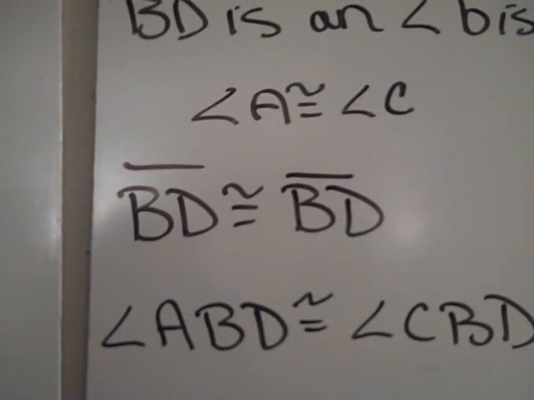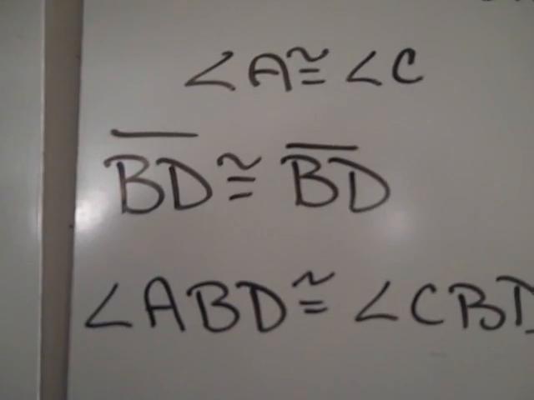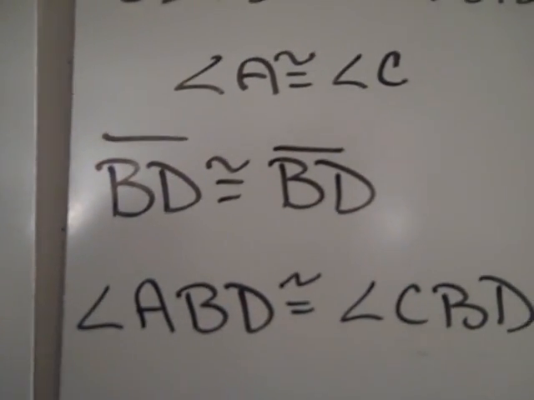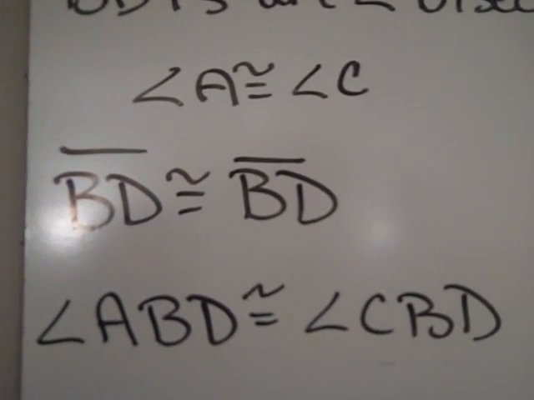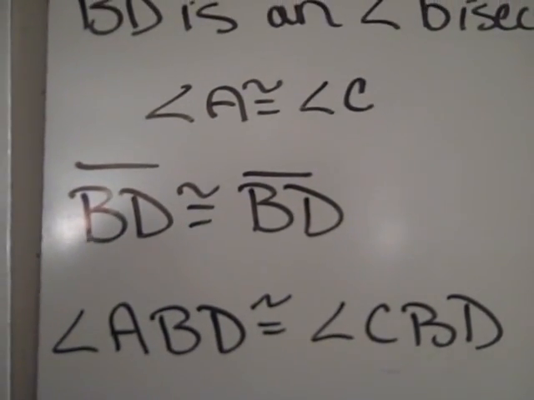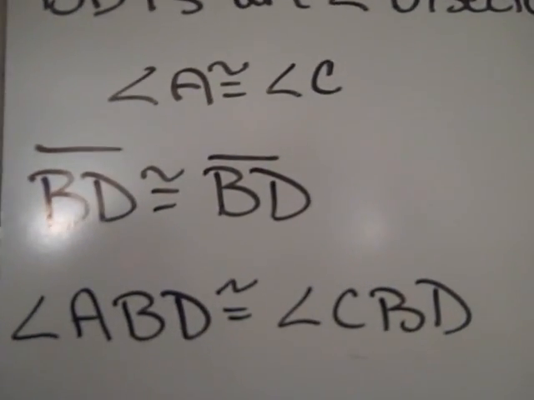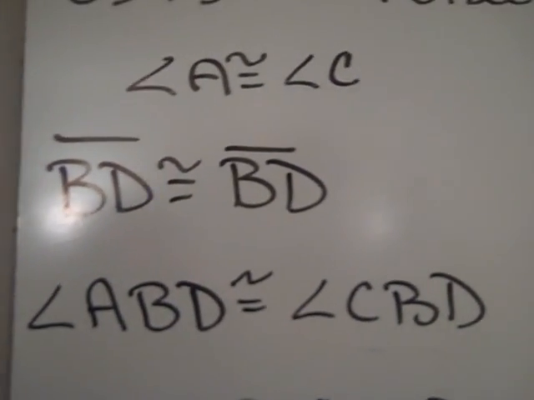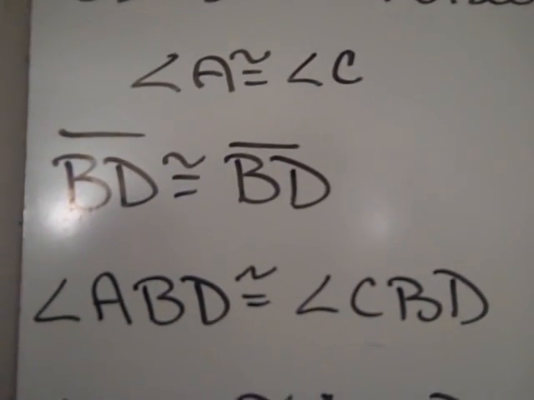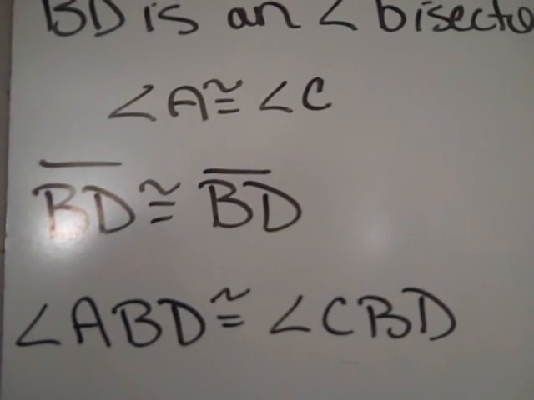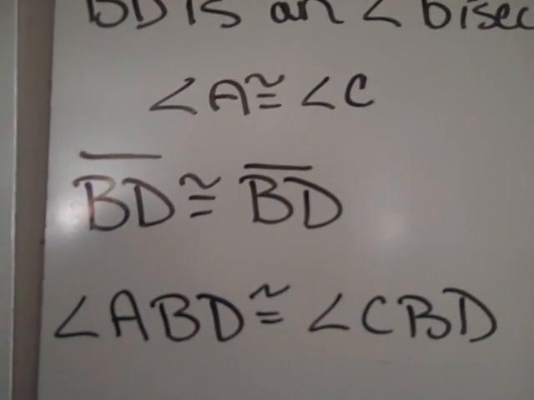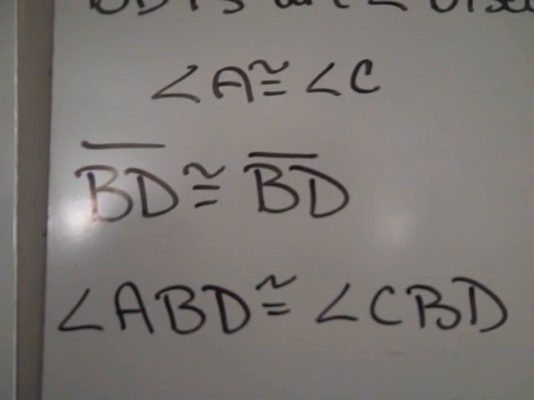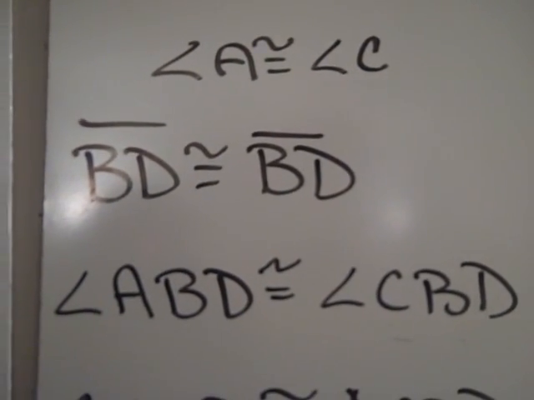Being that we have two pairs of angles, that means we automatically can't use side, side, side. And we automatically can't use side, angle, side because we don't have enough sides. So that means our options are either angle, side, angle, or angle, angle, side. The easy way to identify this is by looking at the angles that were given to us. On the left-hand side, you see that one of our angles is angle A, and the other angle is angle ABD.